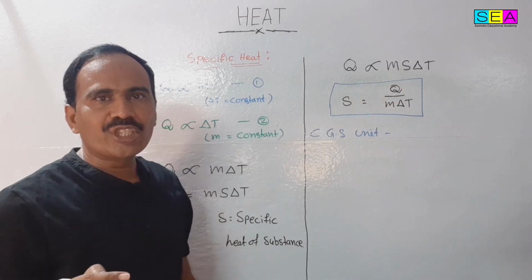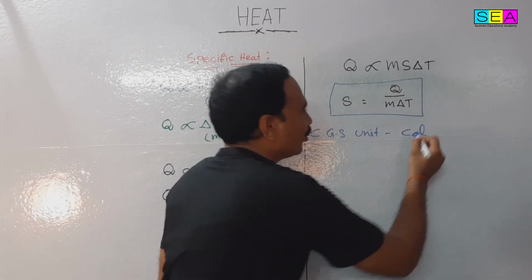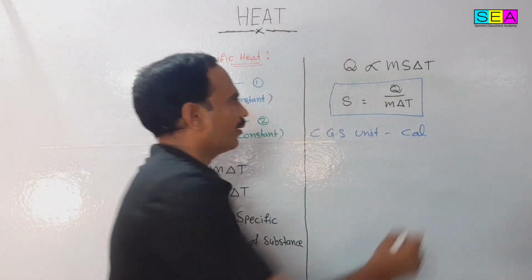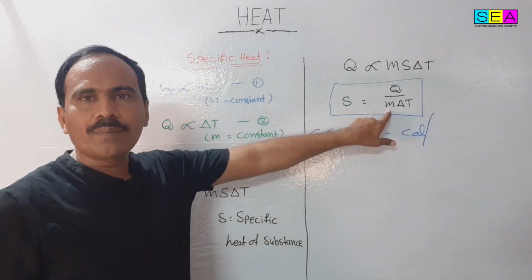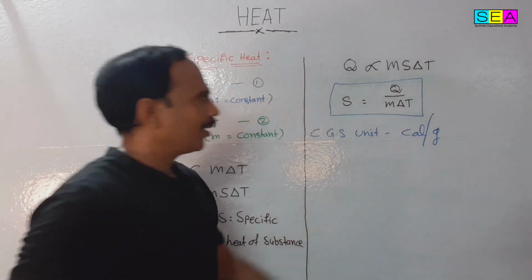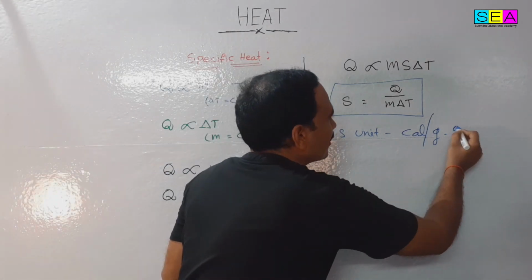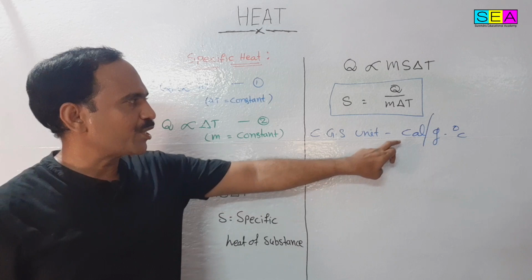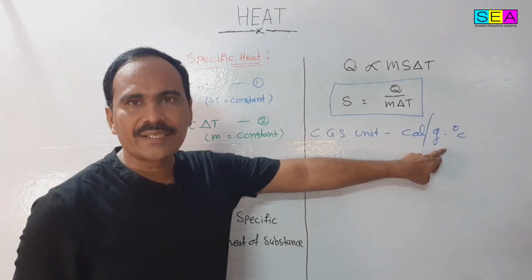In the CGS system, calorie is the unit for the quantity of heat energy. What is the CGS unit for mass? Gram. And temperature is degrees Celsius. So the CGS unit of specific heat is calorie per gram degree Celsius.